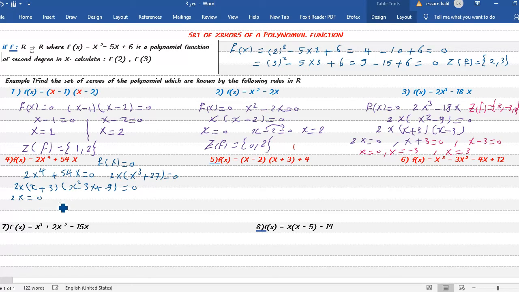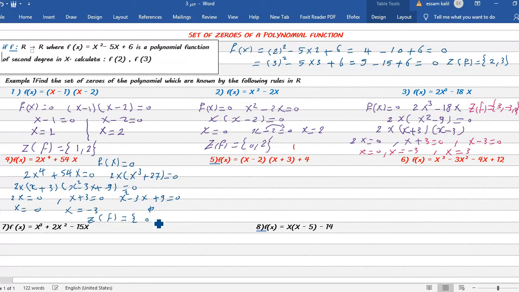يبقى then 2x equal 0 and x plus 3 equal 0 and x squared minus 3x plus 9 equal 0. يبقى then x equal 0, move 3 another side يبقى become negative 3. x power 2 minus 3x plus 9 equal 0 has no solution. يبقى then the Z f of x equal what?